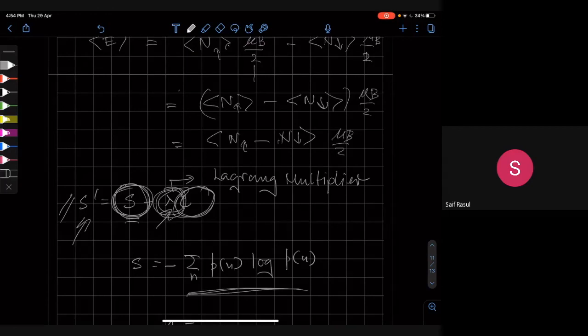Yeah, that makes sense. They said that in the context of the internal energy and the entropy. What do you think the entropy is going to be for T equals 0? Zero.